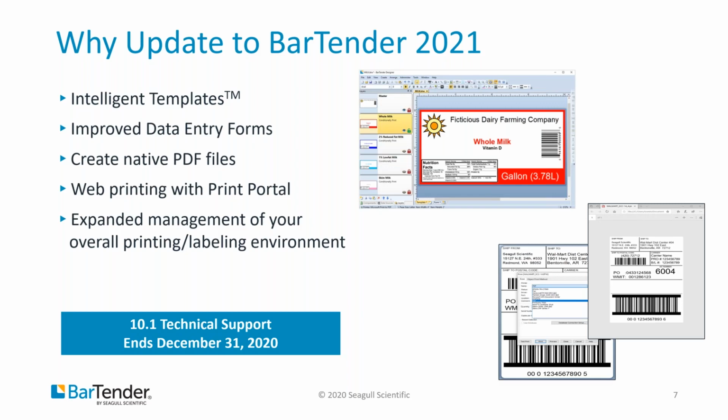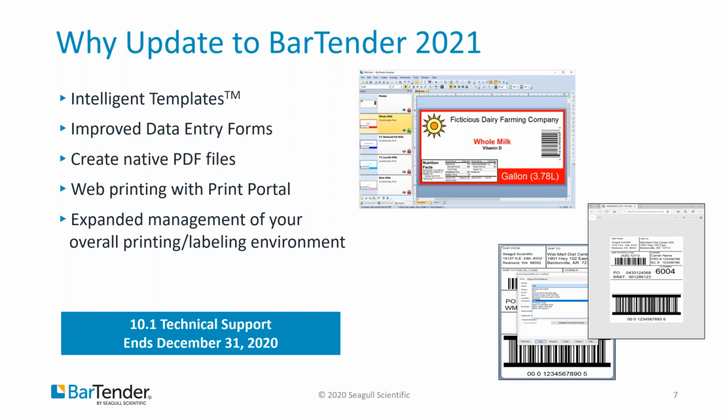Also, 10.1 is only compatible with Windows version 1803, which was released in July of 2018. Even if the PC where BarTender is installed is not directly connected to the internet, it still could be a security risk by being on your company network, since it is on this older Windows version.